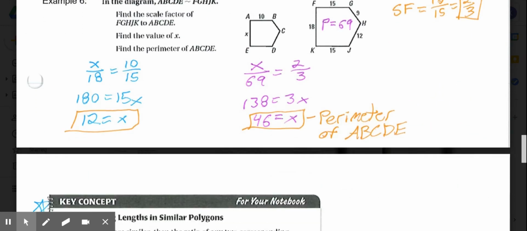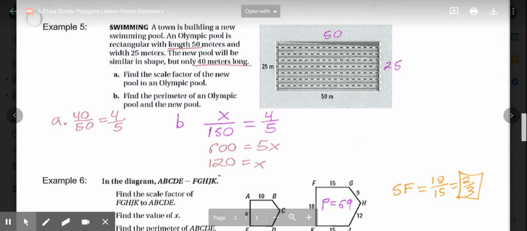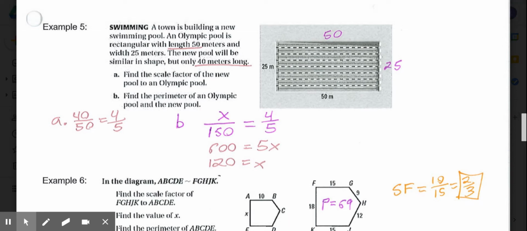So now we get down to examples 5 and 6. Example 5 is about a swimming pool. It says the town is building a new Olympic swimming pool. The pool is rectangular with a length of 50 meters and a width of 25 meters. The new pool is similar in shape, meaning same angles, but only 40 meters long.